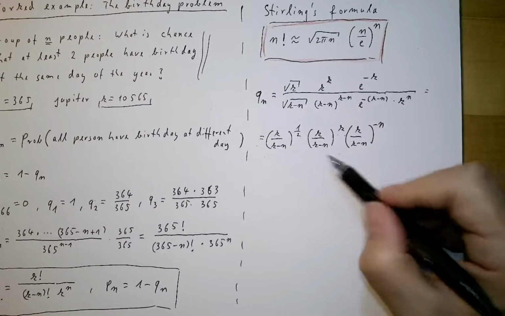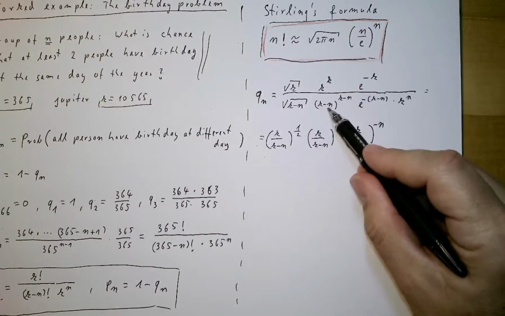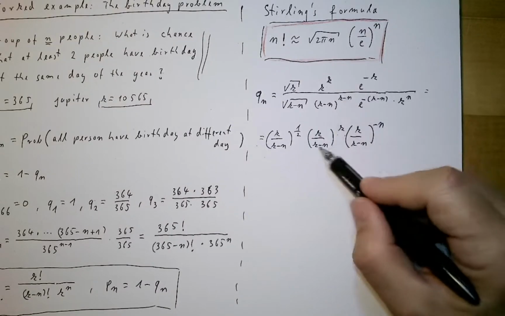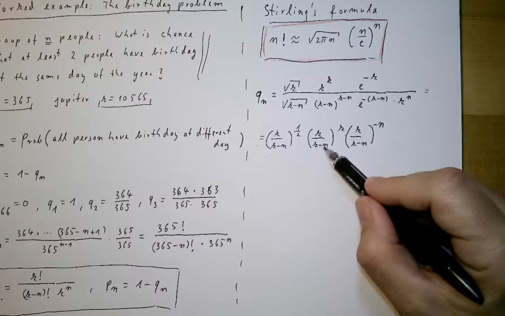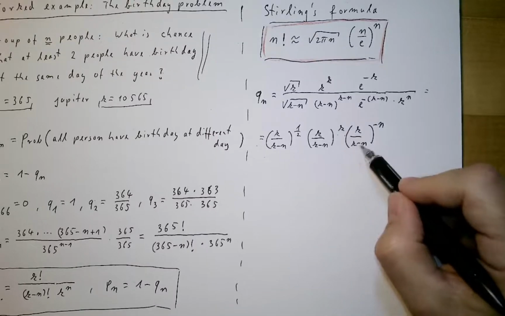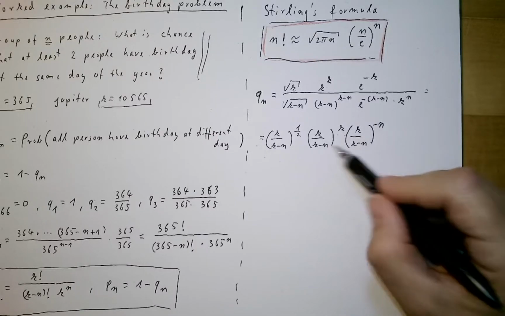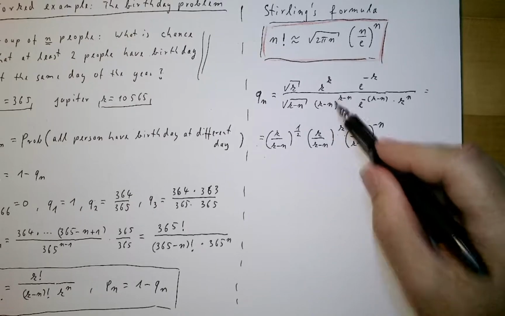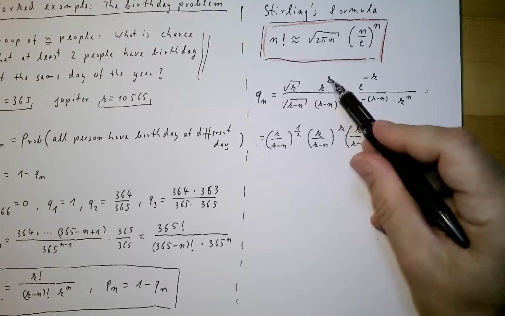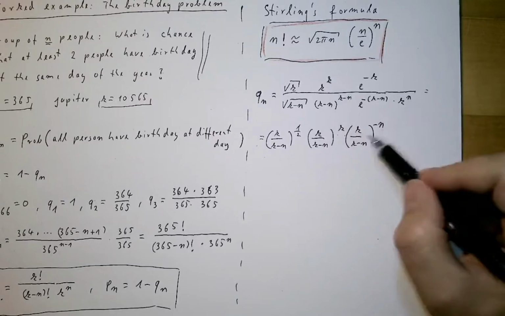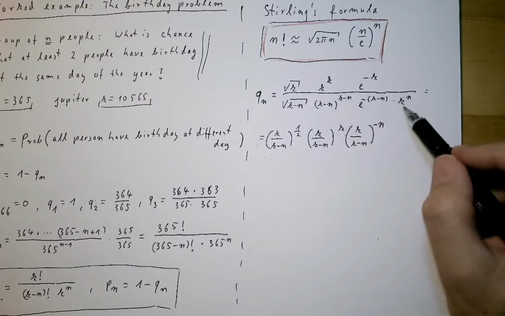And then you see like this, we have here this k minus n over k minus n. So we have here k minus n to the k minus n, to minus n. So with these 2 terms we have this. And then here we have k to the power k and k to the minus n, this term.